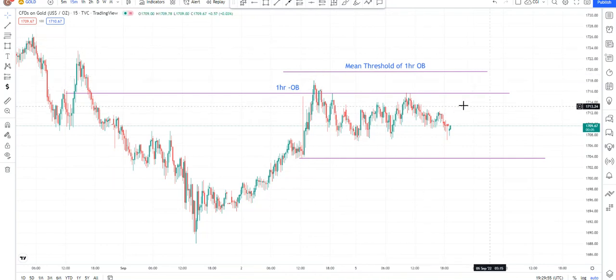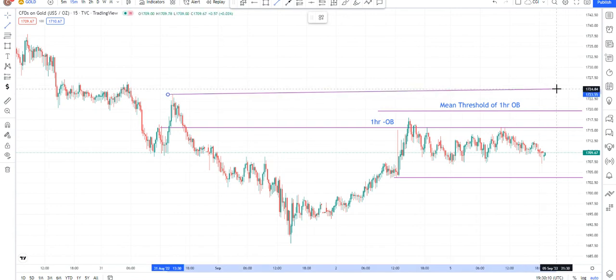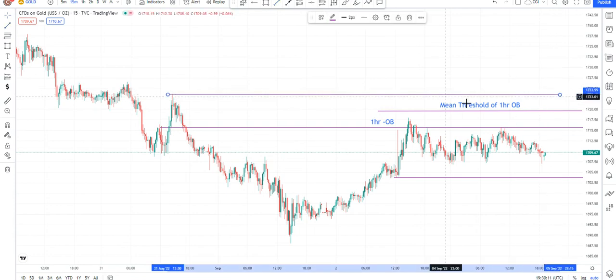Don't confuse yourself. Sell-side liquidity is when it is a low, and buy-side liquidity is when it's a high. If this was a bullish trend now, I can look at this place and say it's my next point of liquidity. I can call it a buy-side liquidity. So when it is a high, buy-side liquidity. When it is a low, sell-side liquidity.